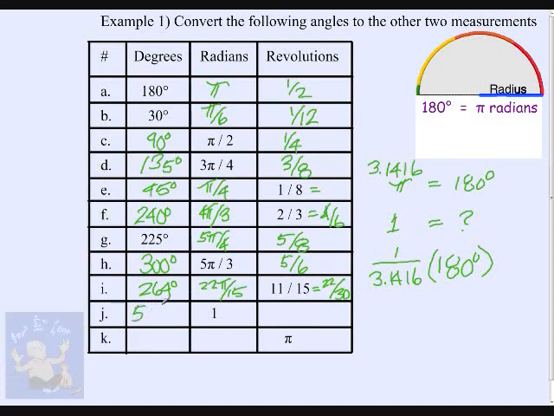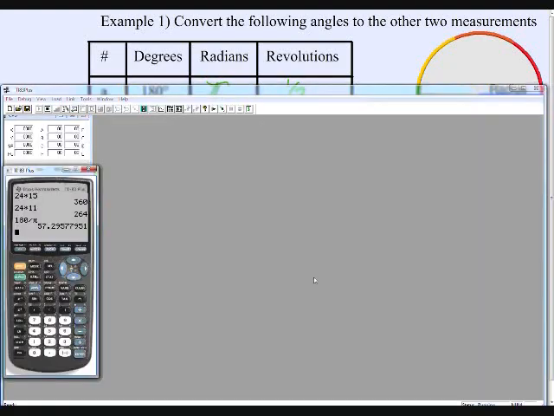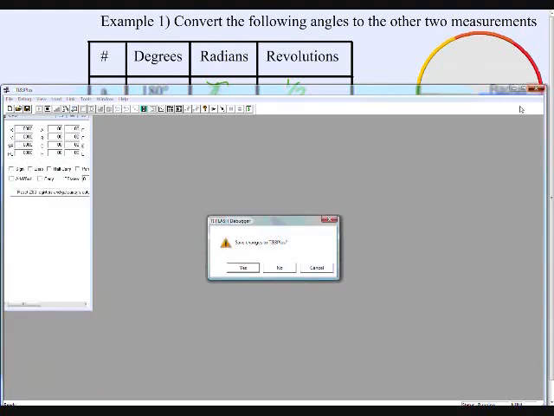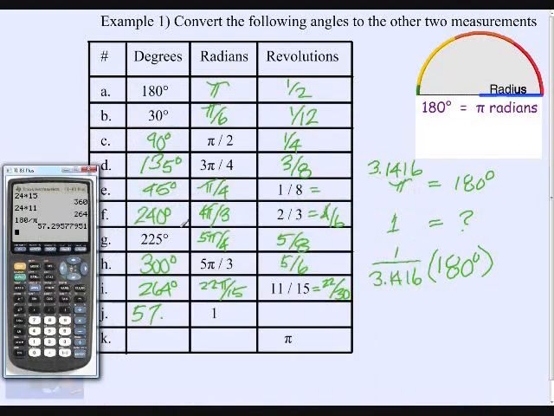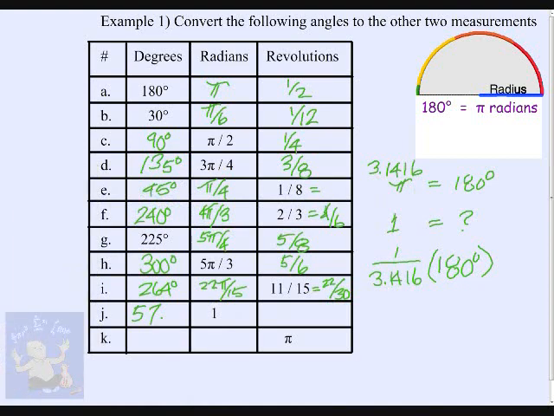So it's 57 point, let me pull that up again so we can look at it. Let's call it 57.3. And how many revolutions will that be?